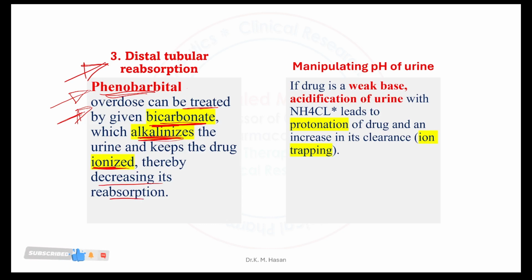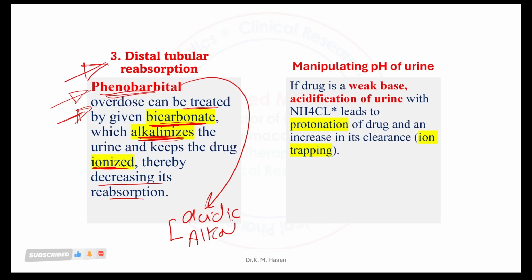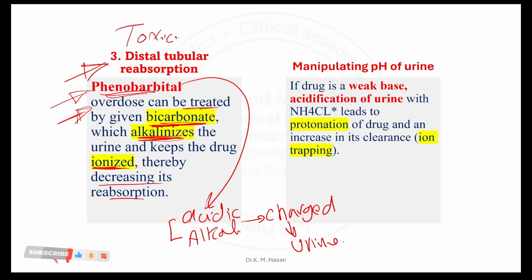This gives the impression that phenobarbital is an acidic drug. If you alkalinize the urine, phenobarbital becomes charged and is eliminated through the urine. This explains how to treat the patient. This is a type of toxicology treatment.